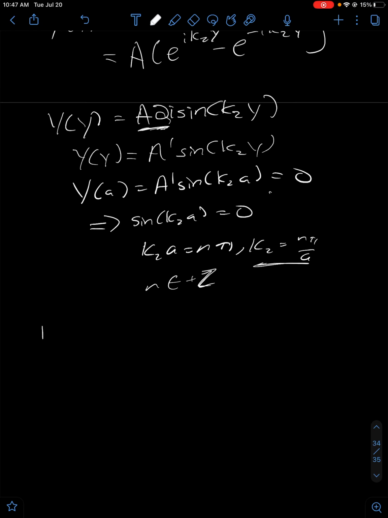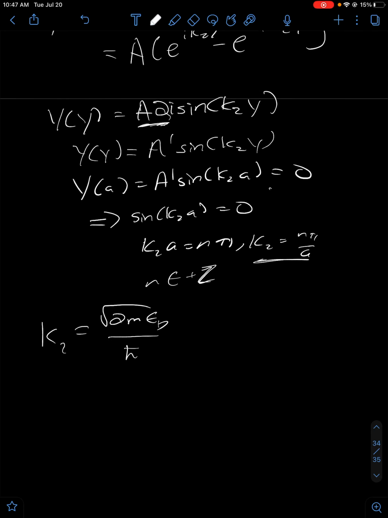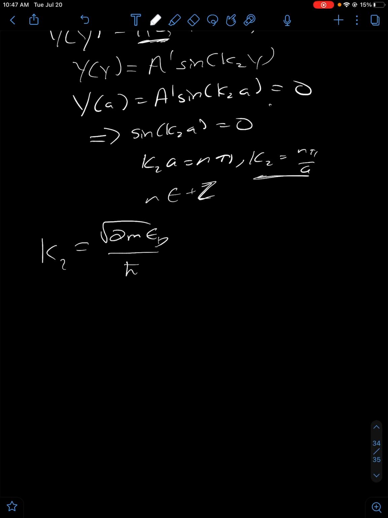Now recall from the start that k2 is the square root of 2m epsilon b over h bar. So from this, we can actually solve for epsilon b.